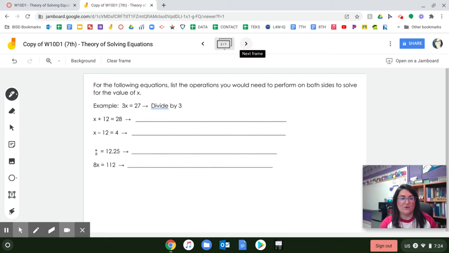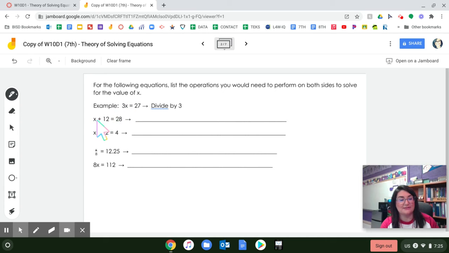So for the following equations, list the operations you would need to perform on both sides in order to solve. The first one is 3x equals 27. I would need to divide both sides by 3. So you're basically doing the opposite of whatever is done to x.